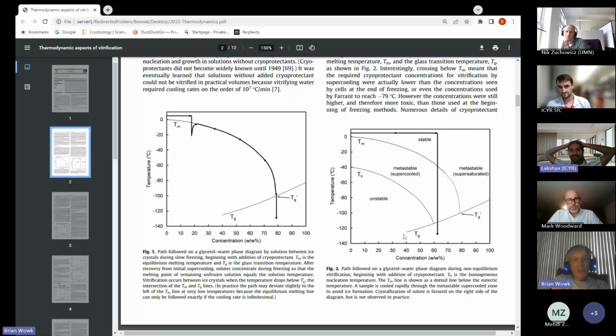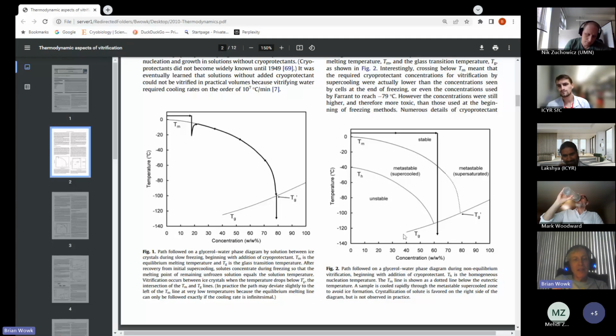Yes, there are solutes that do that. In fact, non-penetrating ones in particular have that property. Polyvinyl pyrrolidone, the polymer, for example, I think has a TG prime at around -30 degrees. But of course it's not penetrating, so it doesn't help you inside cells.